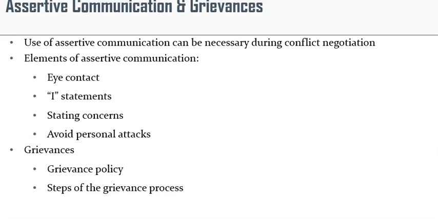Assertive communication and grievances. Use of assertive communication can be necessary during conflict negotiation. Some elements of assertive communication are eye contact, I statements, stating your concerns, and avoiding personal attacks.